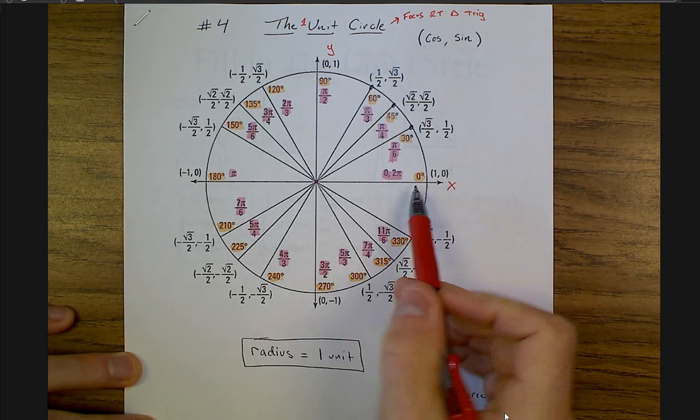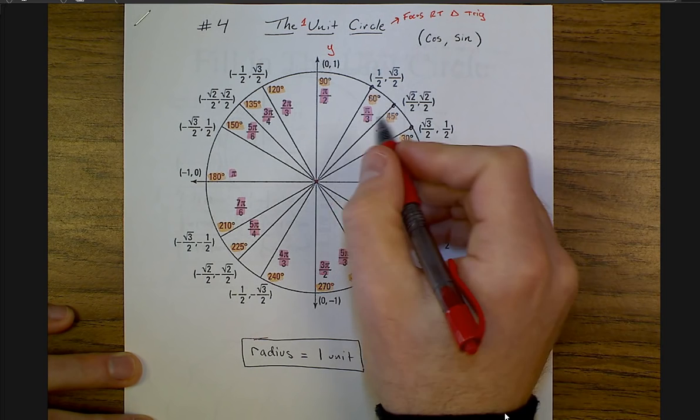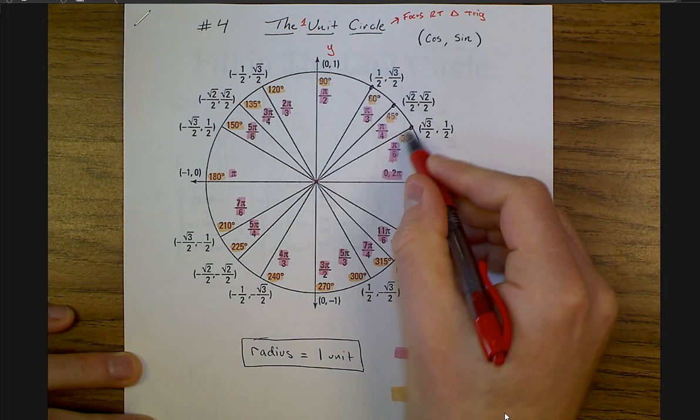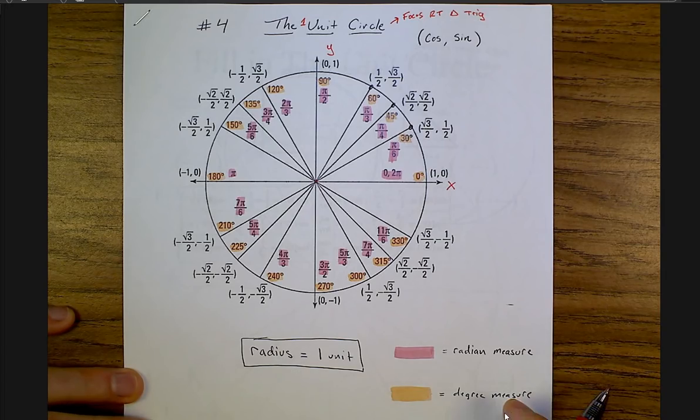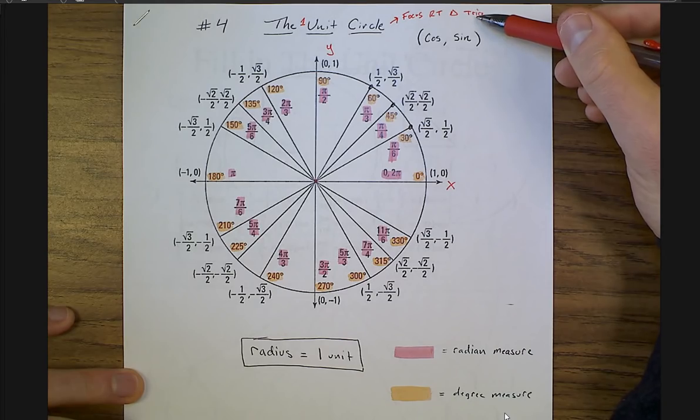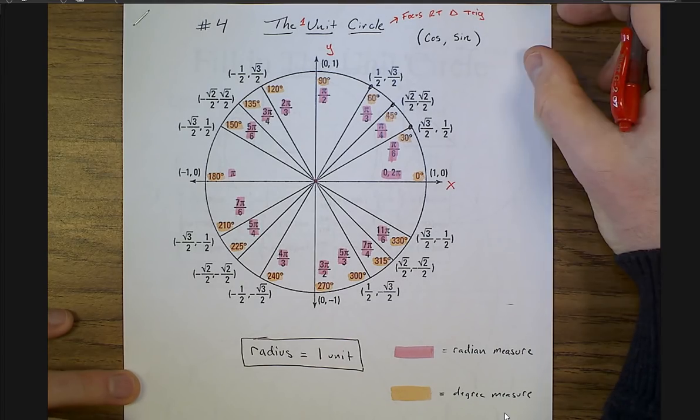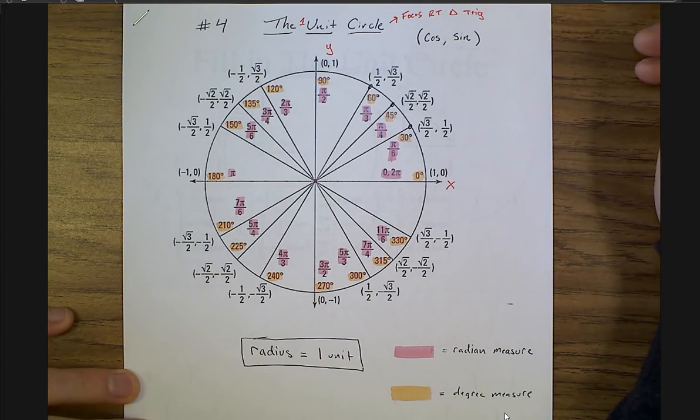So all of these lines have a radius of 1, and that's why we call it the unit circle, because the radius is always 1. That's important when we start to get into our right triangle trig and drawing these out. That's the most important thing there.